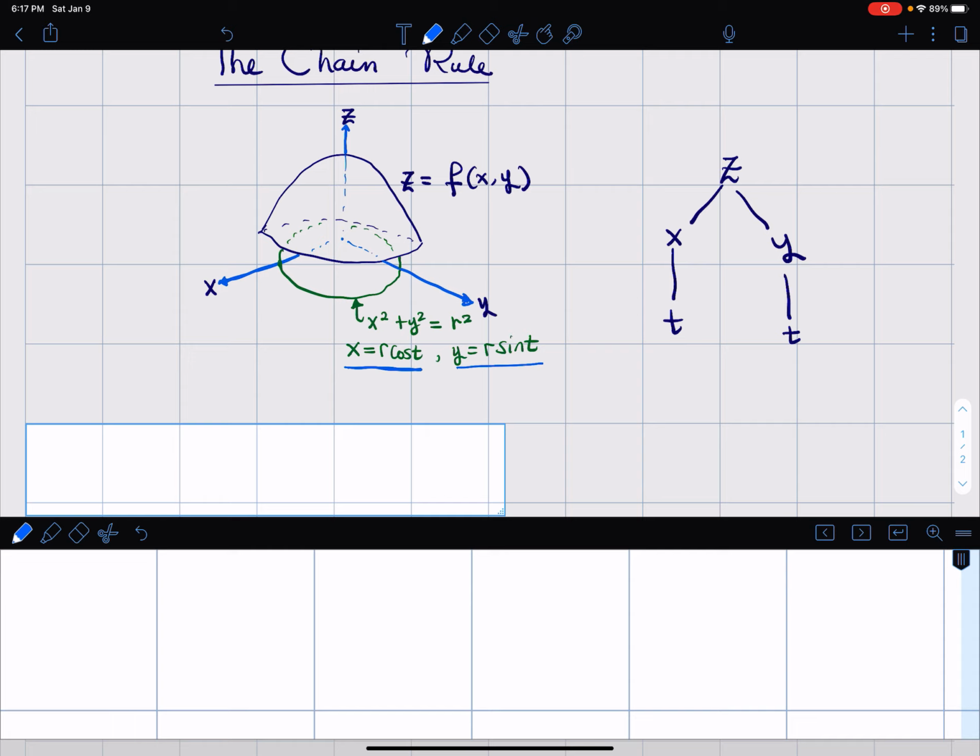Now, in order to find the derivative of the function f, the best way to go is a tool known as the chain rule. You've looked at the chain rule in R2. This is a version of the chain rule for R3.